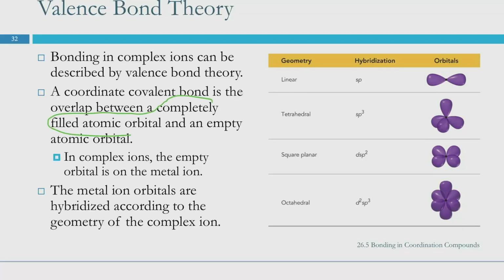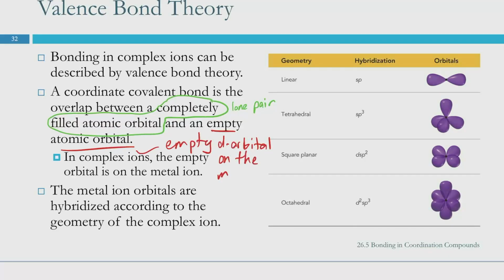So this completely filled atomic orbital would be a lone pair from our ligand, and the empty atomic orbital would be an empty d orbital on the metal.